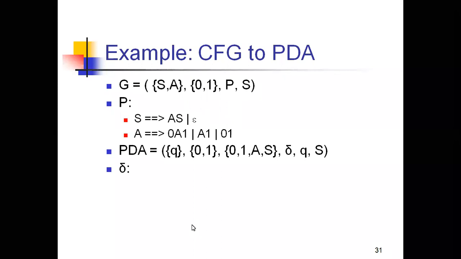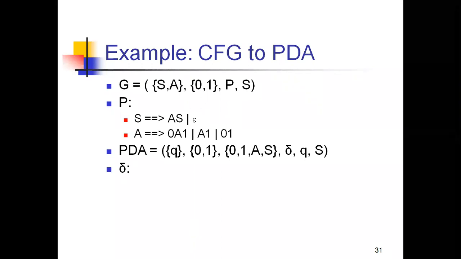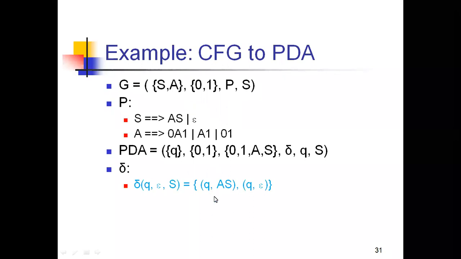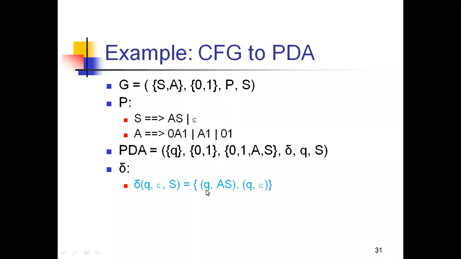So now let's start the conversion. Now I need to define delta. I have rule 1, right? What is transition rule 1 from the formal construction? Delta of q comma epsilon comma S is: you need to place the right hand side of the productions of this S. I have two rules for this S, so I define the two rules like this: one time q comma AS and another time q comma epsilon, right?